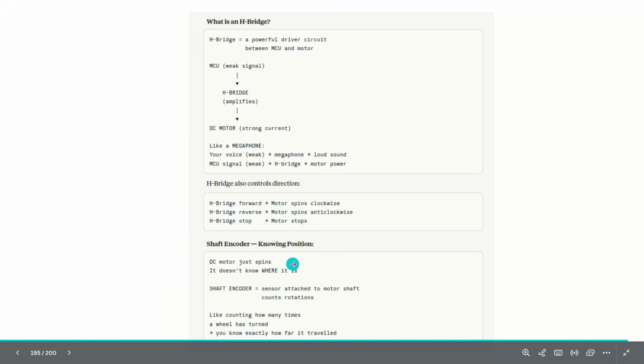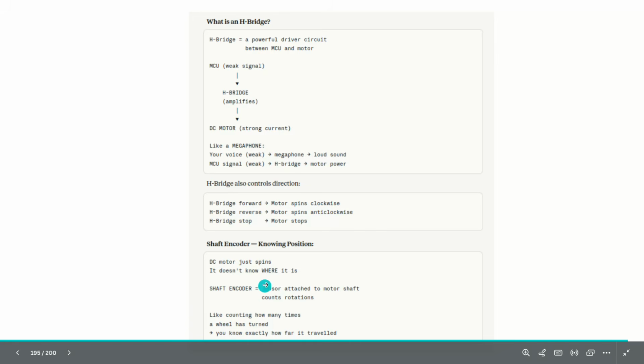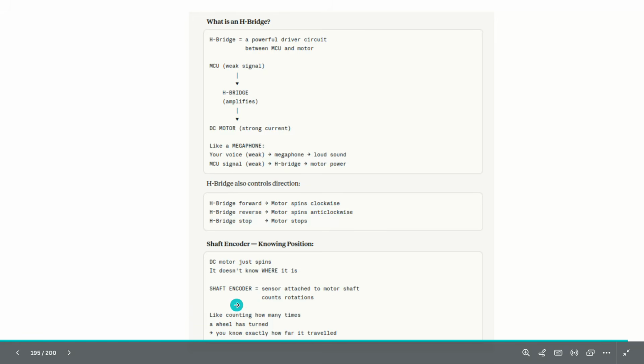Now the shaft encoder. A DC motor just spins; it doesn't know where it is. A shaft encoder is a sensor attached to the motor shaft. It counts the rotations, like counting how many times a wheel has turned.